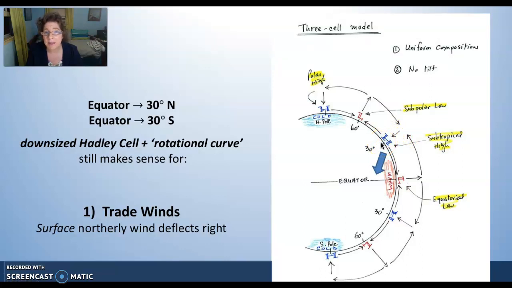And the same thing happens in the southern hemisphere. This model starts to sink down at about 30 degrees south latitude. And then this sinking comes around and produces a surface wind that rotates in a circular cell.